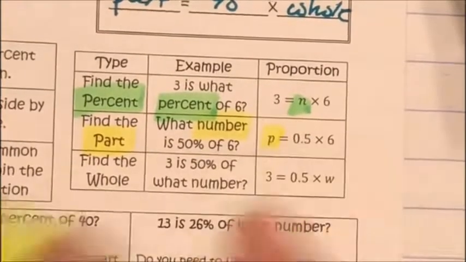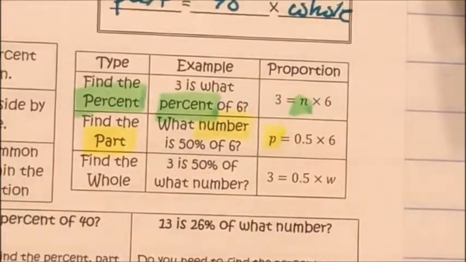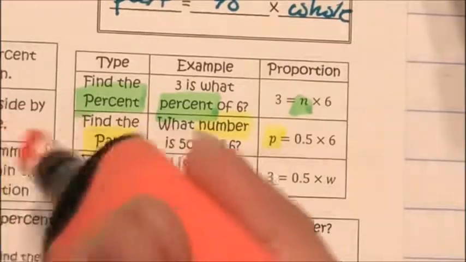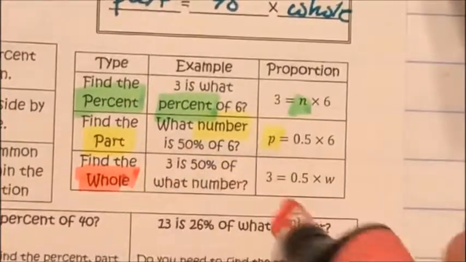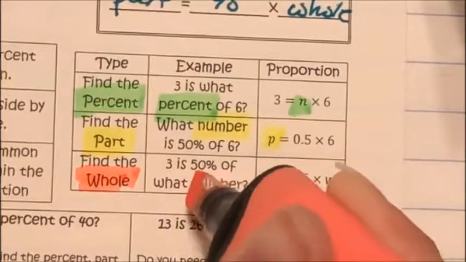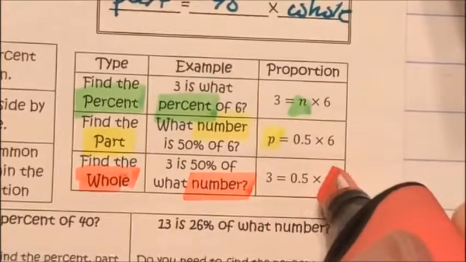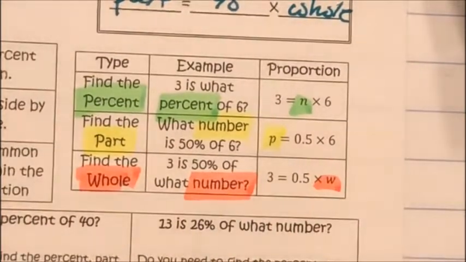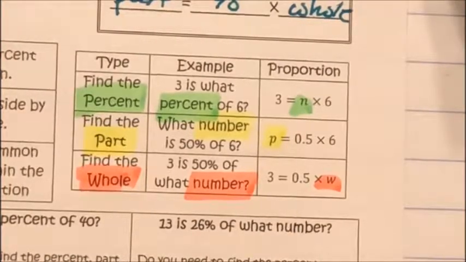So P. And then if I'm finding the whole, 3 is 50% of what number, right? So that's my whole. Okay? So let's take a look at some examples.